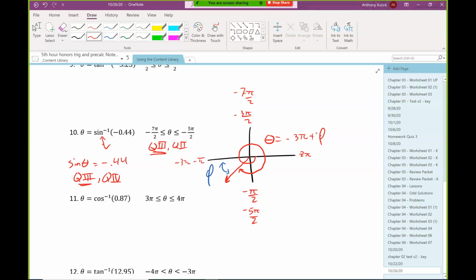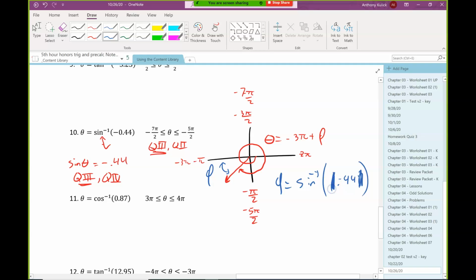As we continue going forward, the numbers are getting smaller, so it's like the opposite rule about adding and subtracting, which is a little bit weird. But if you think about it using common sense, of course it would have to be the opposite. And phi is just going to be sine inverse of the absolute value of negative 0.44.